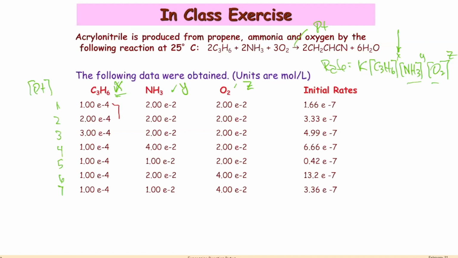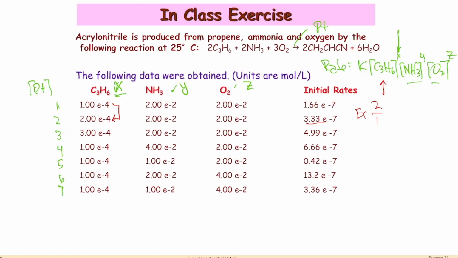So this is what I will pick. I will select experiment 2 over 1. This is for X, okay? And the reason why I put 2 over 1 is because the rate for 2 is bigger than the rate for 1. And 3.33 over 1.66 times 10 to the minus 7 is basically 2 rather than 1/2. That's why I put the bigger rate on top.